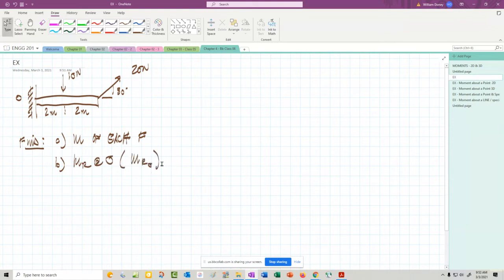So we're going to find the moment of each force individually, and then we'll find the MR, resultant moment at O. We'd call that MRO.